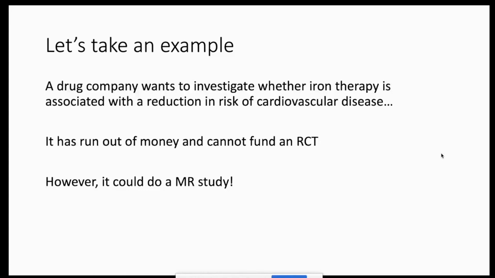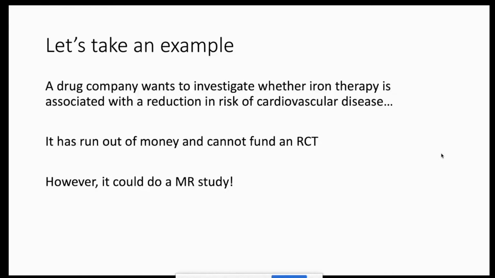We could approach this using observational studies. We could look at people who took iron in the community and then follow them up over time to see whether they had different rates of cardiovascular disease in the form of something like a cohort study. However, there could be confounding factors.